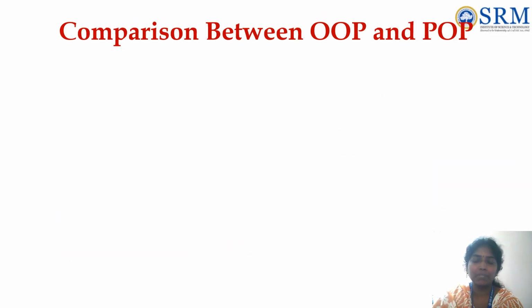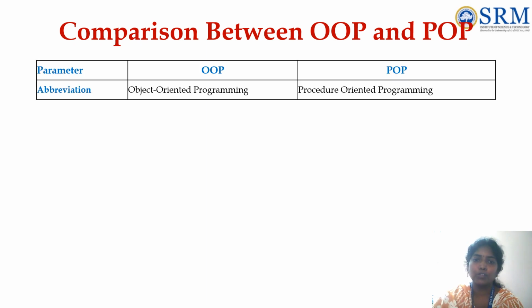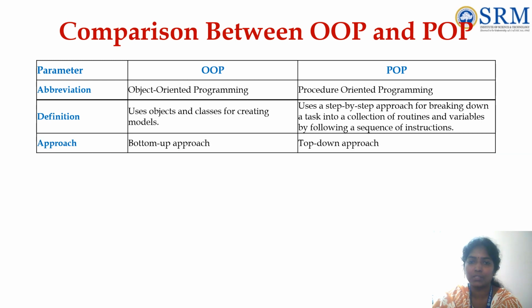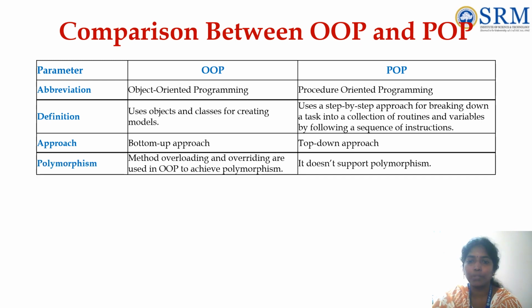Next, comparison between object-oriented programming and procedure-oriented programming. Object-oriented programming uses objects and classes for creating models, whereas procedure-oriented programming uses a step-by-step approach for breaking down a task into a collection of routines and variables by following a sequence of instructions. Object-oriented programming uses a bottom-up approach and procedure-oriented programming uses a top-down approach to solve the problem.